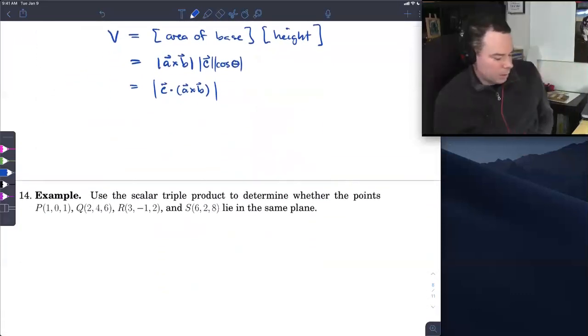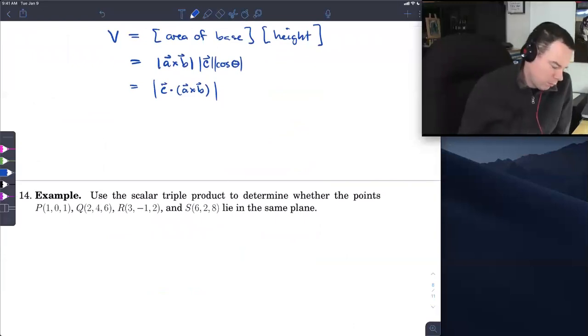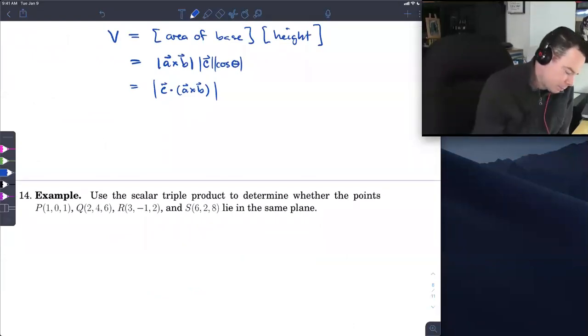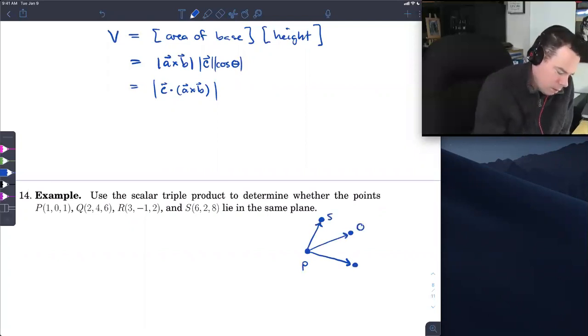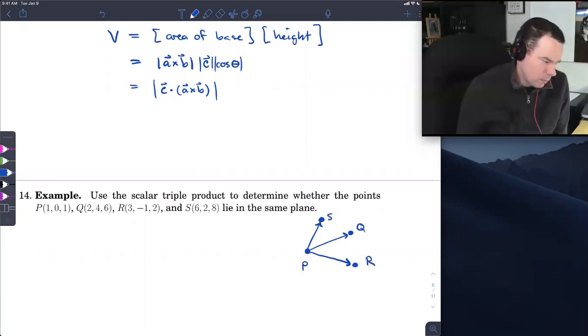We're going to use the scalar triple product to determine whether these 4 points lie on the same plane. So I'll just draw a little picture here. We've got our point P, and then we've got these 3 other points. And I'll draw the vectors from P out to them. So we've got S, Q, and R. And I'd like to know if all 4 of these points lie on the same plane.